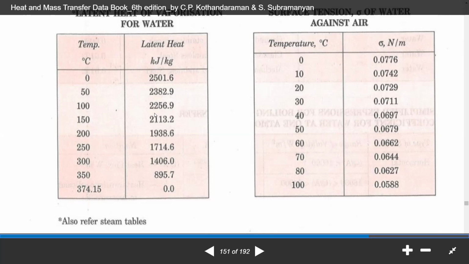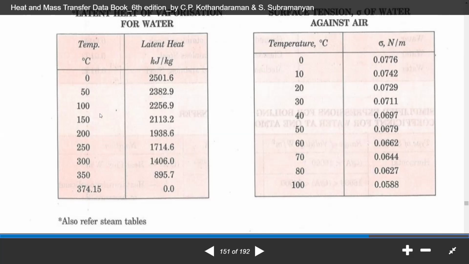If you did not understand how to do the interpolation from the previous problem, let me explain it once again. As the temperature is increasing, the latent heat is decreasing, so you should be very careful while doing the interpolation.